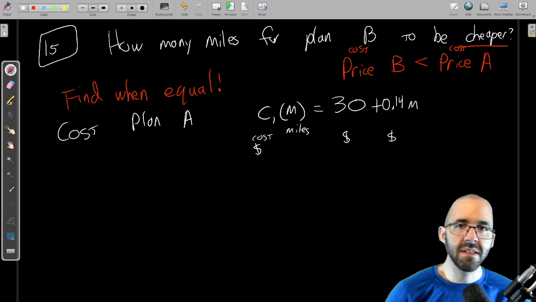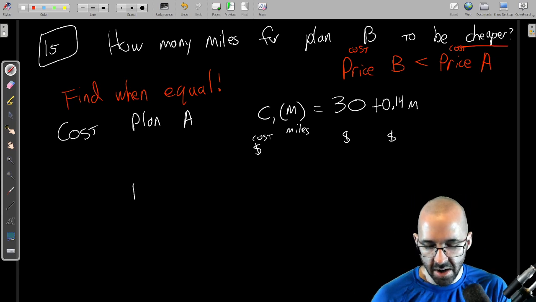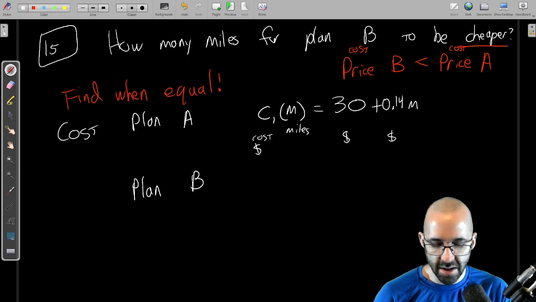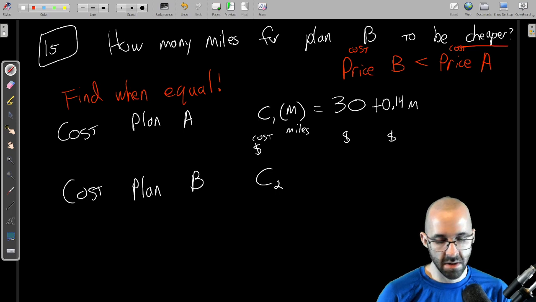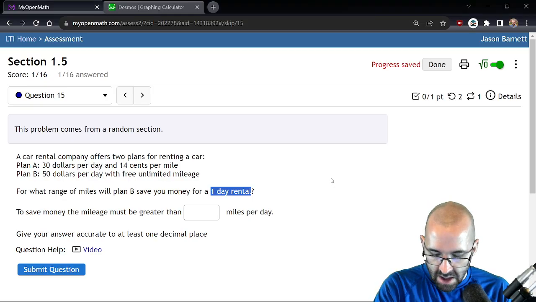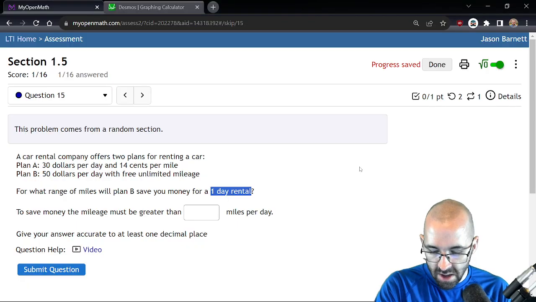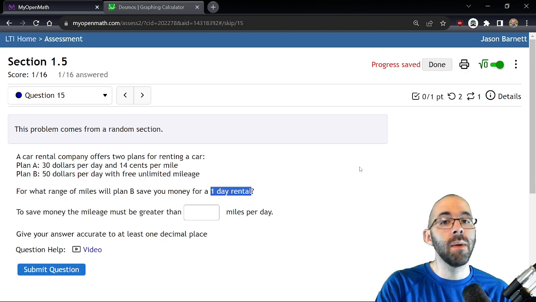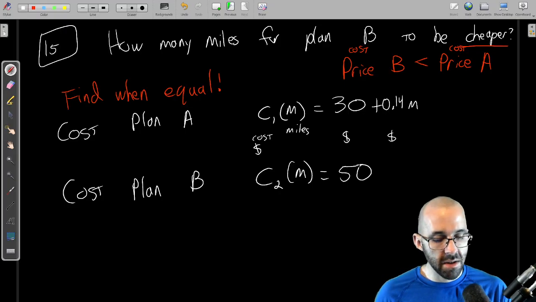So try to find the cost of plan B now. Pause the video. Try to find the cost of plan B. Should be easier. Cost of plan B, let's call that C2, is based on miles, and it's going to be $50 per day. Okay. And free unlimited mileage. So we don't have to pay per mile.